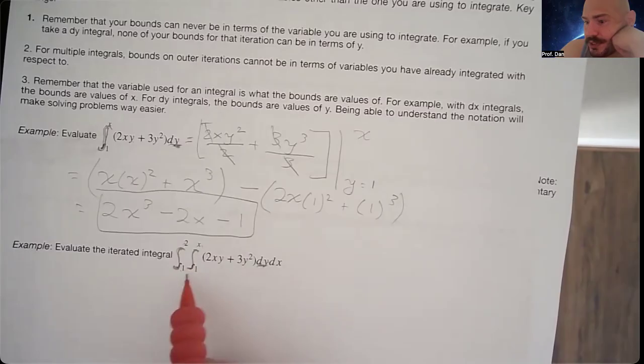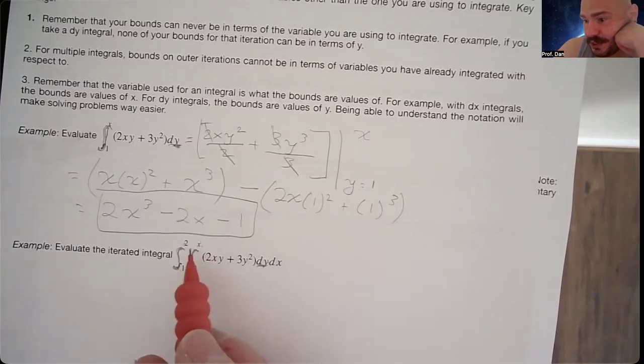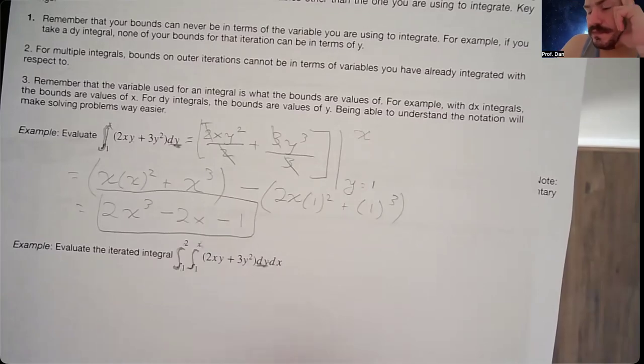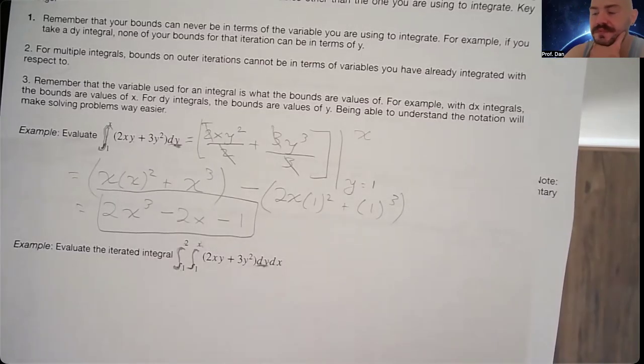The dy goes with the 1 to x. So this is fine, right? But keep in mind, if you have variables that are part of your bounds, you have to make sure that the differential is not using that same variable. And this is actually going to make things later on in the video make a lot more sense and be a lot easier for you to track.